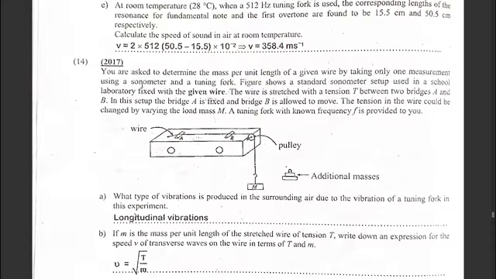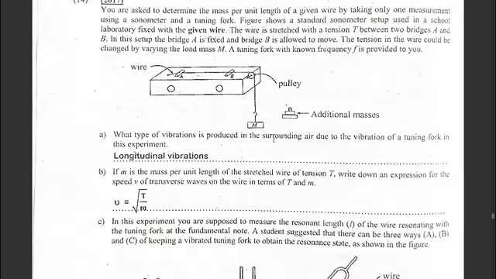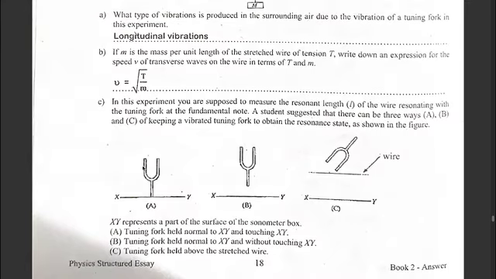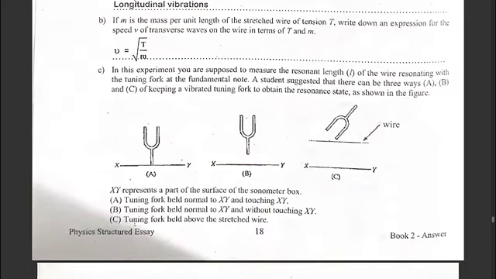Then we had a question in 2017. What type of vibration is produced in the surrounding air due to vibration of the tuning fork in the experiment? So longitudinal, right? This we already discussed. How to place it, we already discussed. Tuning fork held normal to XY, with and without touching XY.